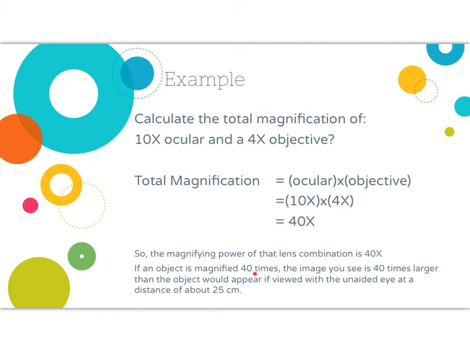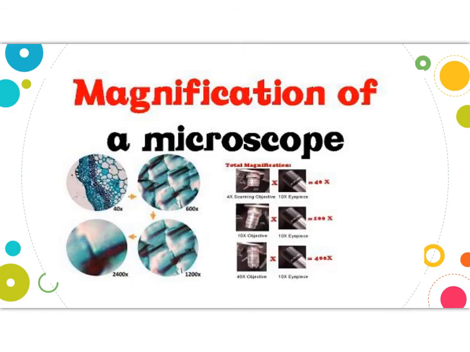So this means the magnifying power of the ocular lens combined with the objective lens is 40 times. If an object is magnified 40 times, the image you see is 40 times larger than the object would appear if viewed with the unaided eye. Here we can see different cells at different magnifications. Sorry, this image is so blurry, but at 40 times we can see the different distinctions between cells.